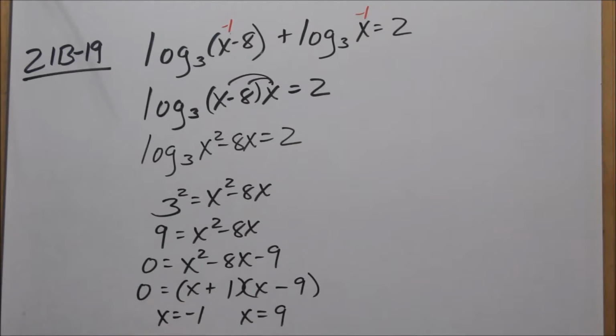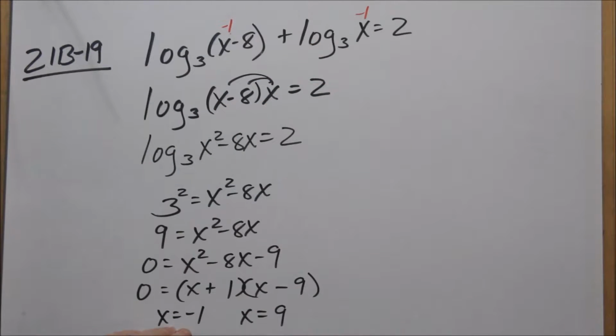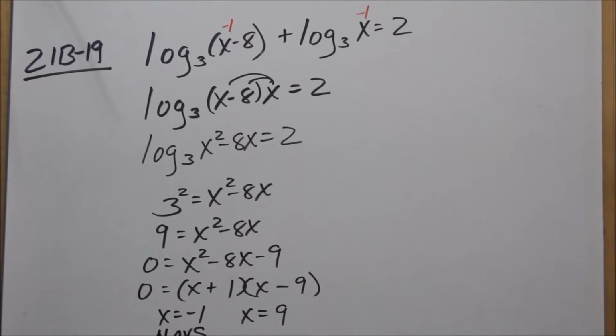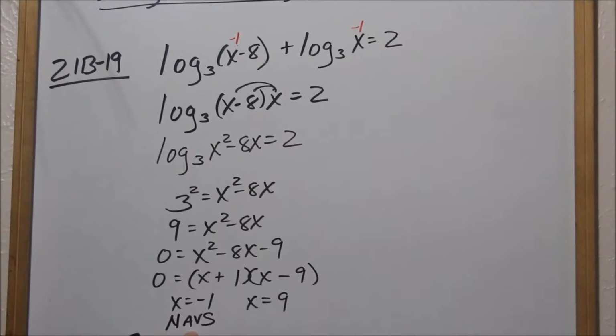So anytime your answer is going to produce the log of a negative number, that means that this answer is not a valid solution. So you will see NAVS. Negative 1 is not a valid solution because you cannot take the log of a negative number. So x equals 9 is your only valid solution for this problem.